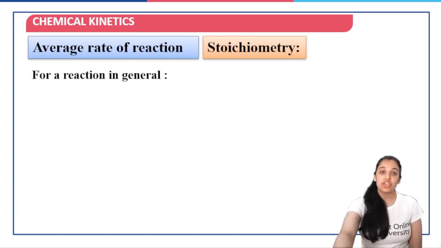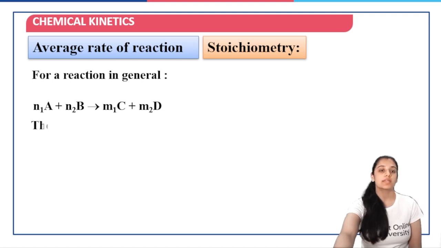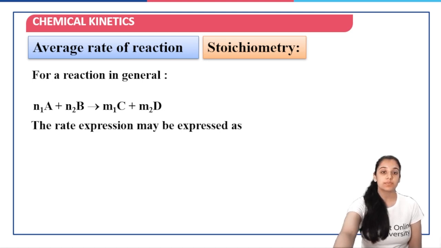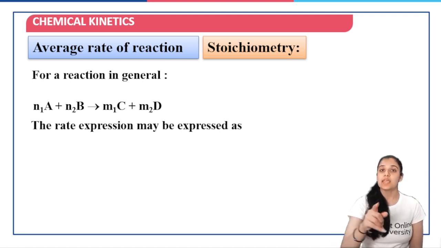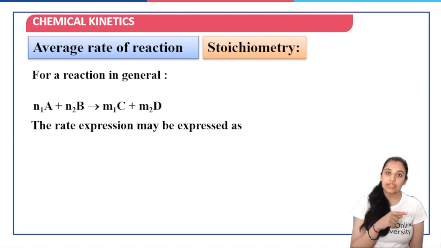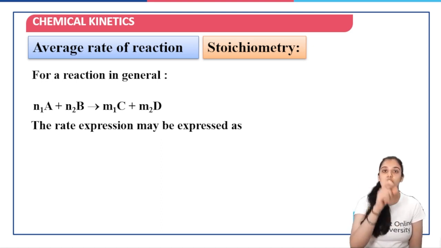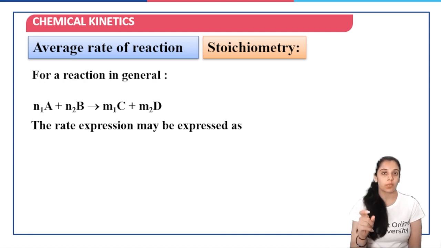For a reaction in general, N1A plus N2B giving M1C plus M2D, the rate expression may be expressed as follows. I have already told you how to take into account the stoichiometry with respect to a particular reactant or product. We simply divide the concentration by that coefficient.